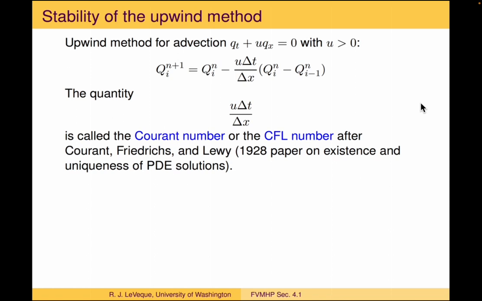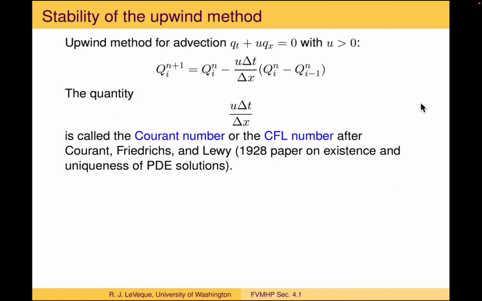After Courant, Friedrichs, and Lewy wrote a paper in 1928, actually, which was on the existence and uniqueness of solutions to PDEs. And the way they tackled that, to prove that certain PDEs had a unique solution, was to write down a numerical method, basically, and then prove that the numerical method converged as you refine the grid, and show that the limiting solution that you got from that numerical method, in principle, would be a solution of the PDE.